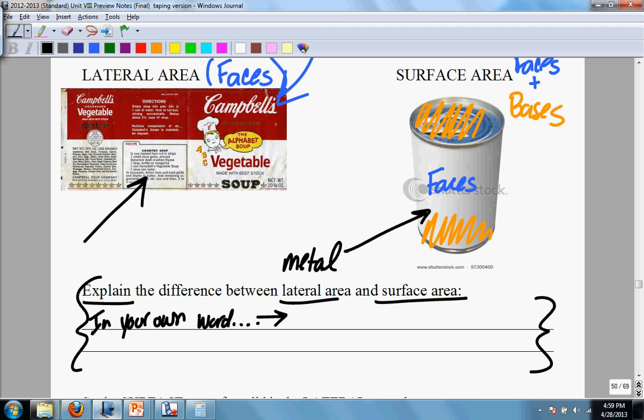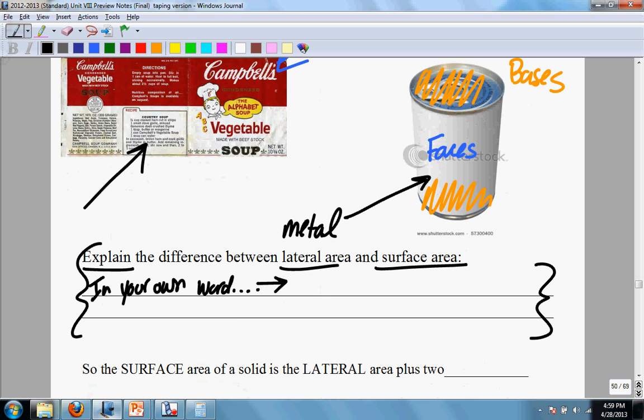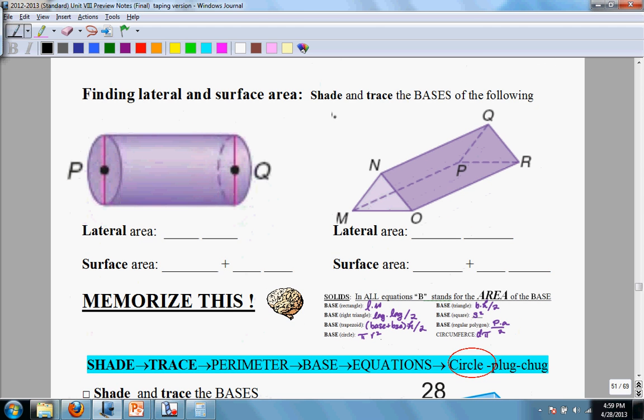Okay, now that you know the difference between lateral area and surface area, surface area is simply the lateral area plus 2 bases. So when it comes to how to find these, we're going to talk about lateral area and surface area.